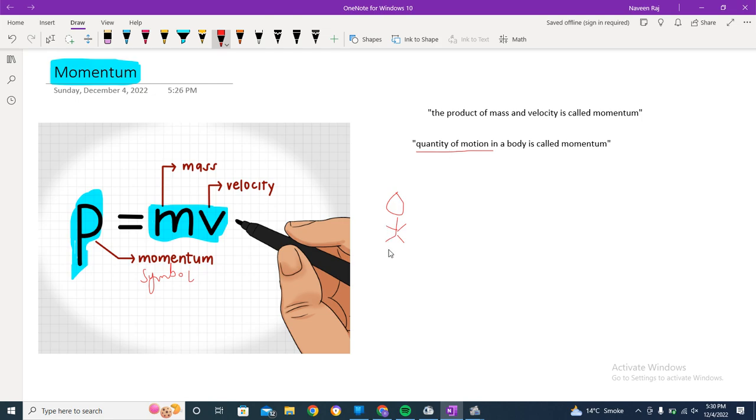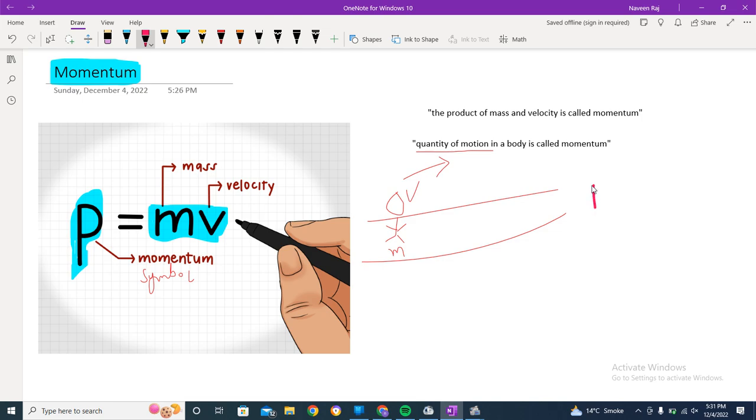First, your mass m, that is playing a role, and second, the speed at which you are moving, that is velocity v. You're moving on this road, right? So there are two factors affecting it, mass and velocity. This is the reason we have taken the product of mass and velocity.